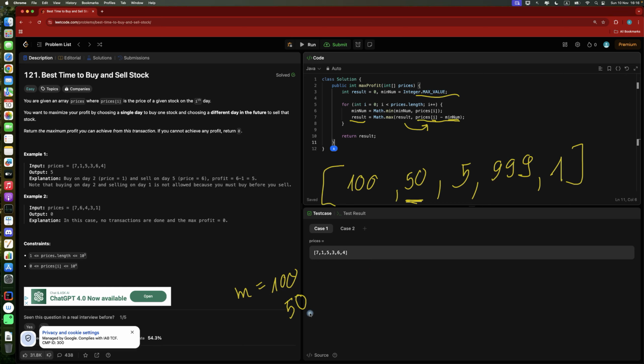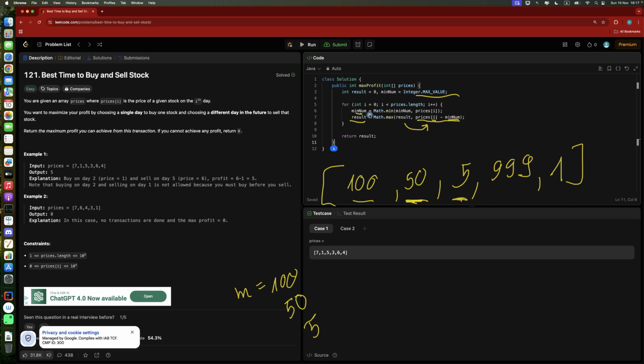And when it is staying 0, actually we are not doing transactions this way. You understand this? We don't buy here, we don't buy here, right? And we come here. Now the smallest is 5. Here the min num is 5.